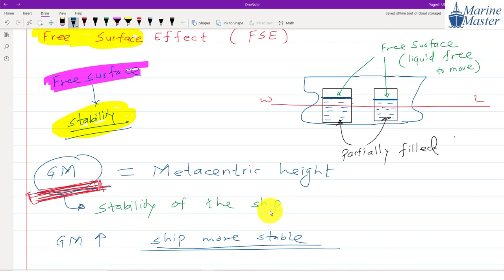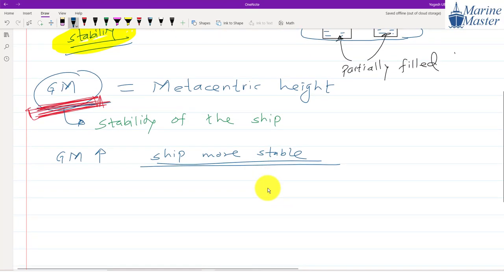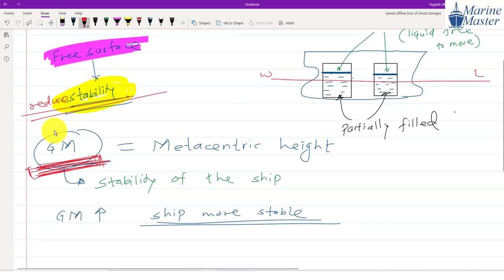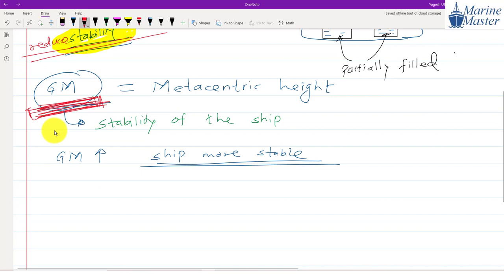Now try to understand the scenario further, guys. What we discussed: free surface effect is going to reduce the stability. By how much is stability going to reduce?